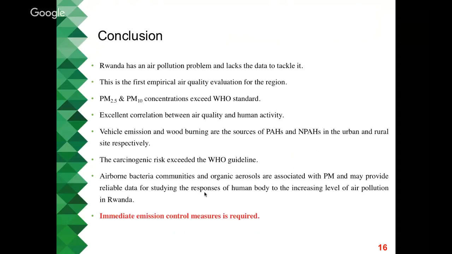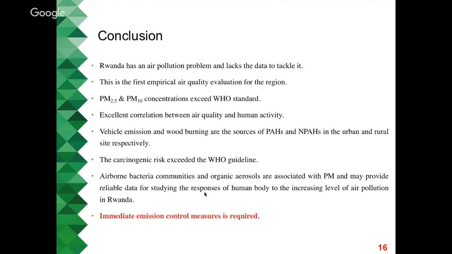This may provide reliable data for studying the response of humans to increasing levels of air pollution in Rwanda. Immediate emission control is required, not only in Rwanda but in the whole of sub-Saharan Africa, because they have the same issue.